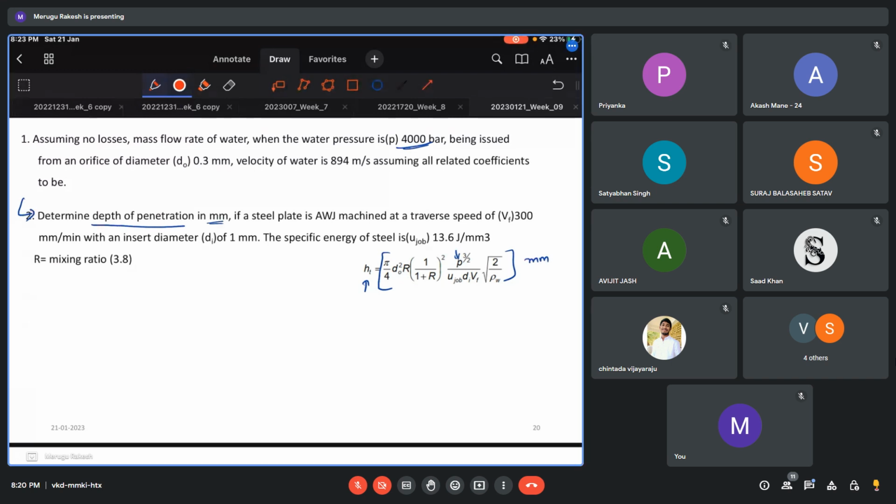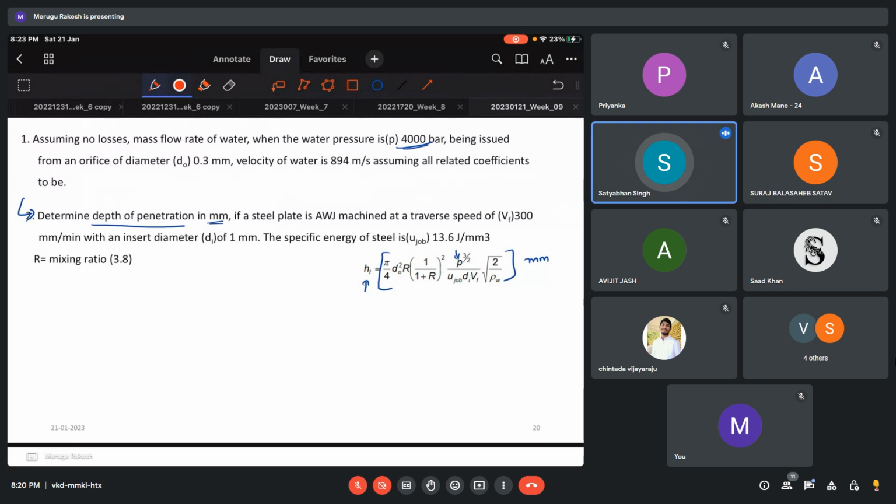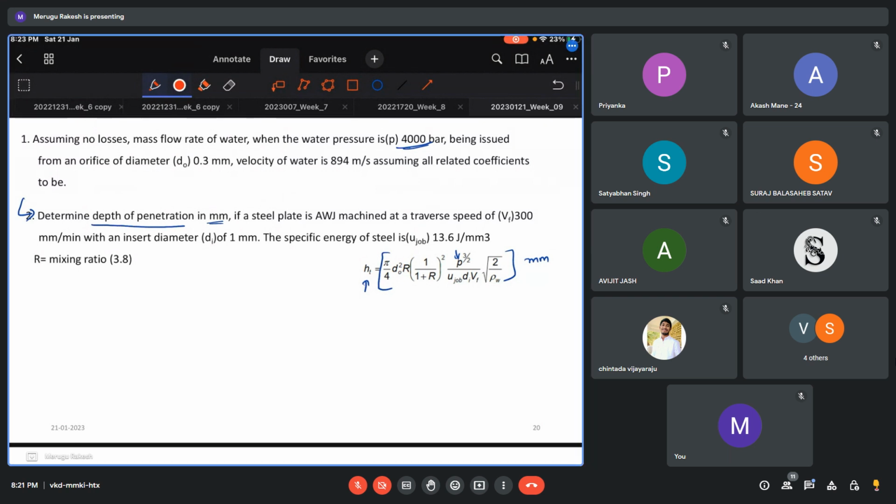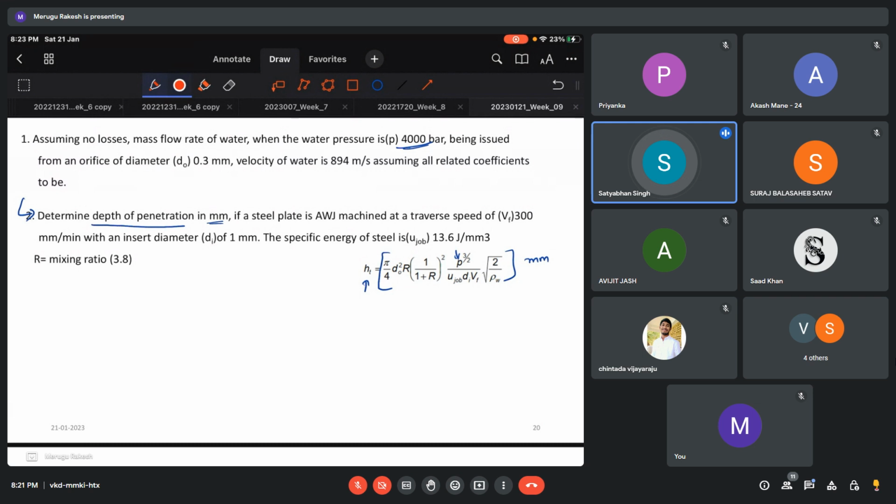No, in either you have to follow megapascal. No, if you see the units, you'll get to know easily. Yes, sir, it will be megapascal. Are you sure? Yes, sir. Newton per mm square, no? Mm-hmm.